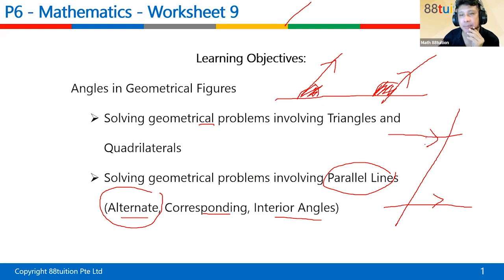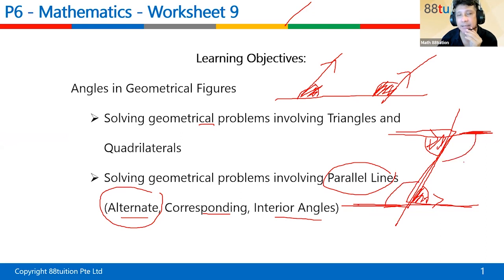If it forms something like a Z, this angle and this angle should have the same value, because it forms a Z. Of course, the opposite is also true. This line comes down and goes to this side, and this angle and this angle are also of the same value. And of course, then it links us to our third angle.